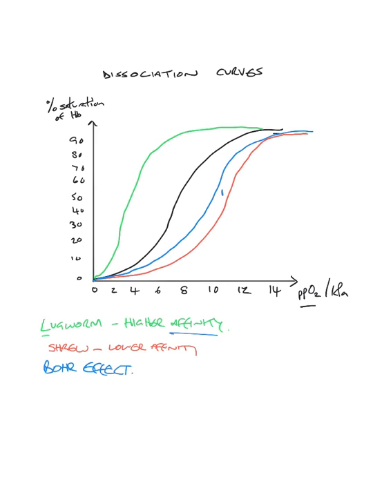Let's say if this is pH 7.2 and this was pH 7.4, at a given partial pressure, let's say 8 kilopascals. So we can say that was 52, and then that was 20. So you look for the difference between the lines to say that an extra 32% of the oxygen would be released.